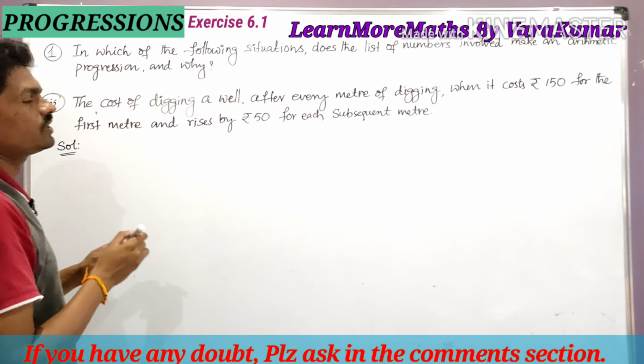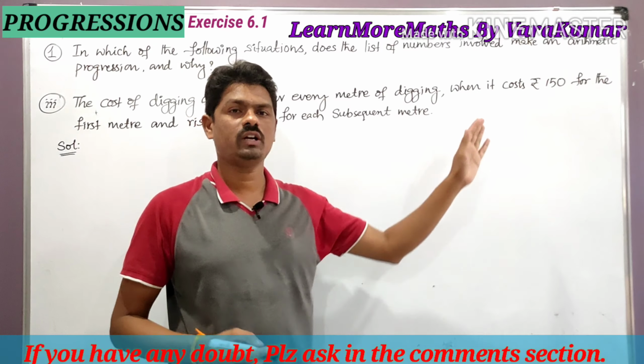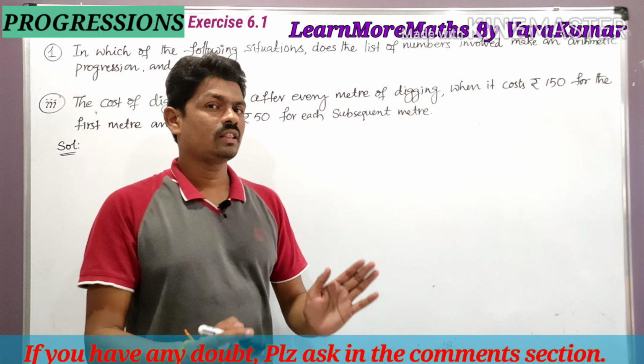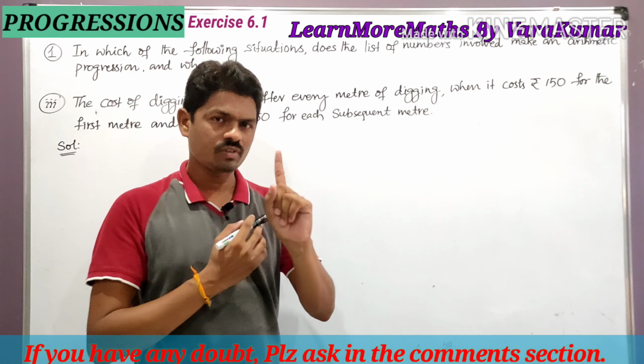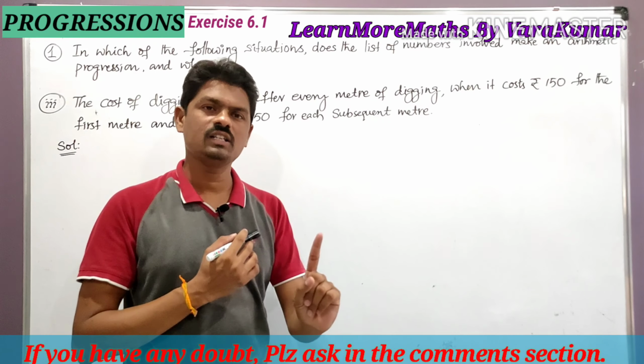So the cost for digging a well he has given, student. For digging the well, the cost for the first meter is rupees 150.